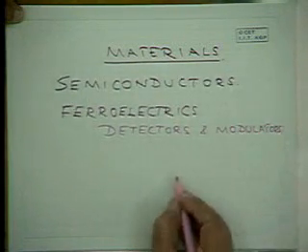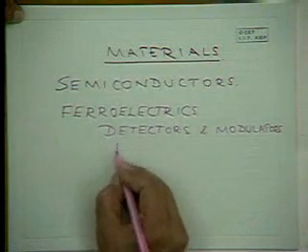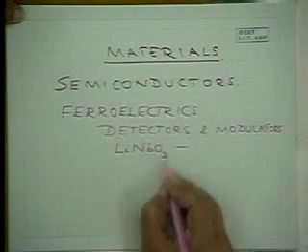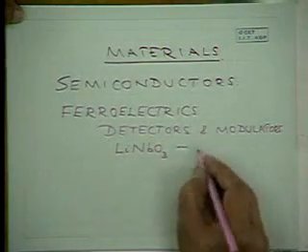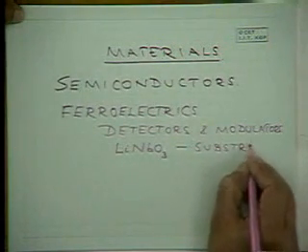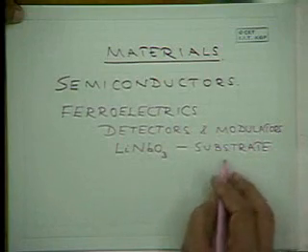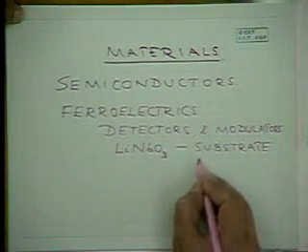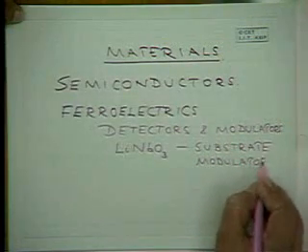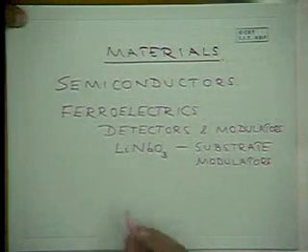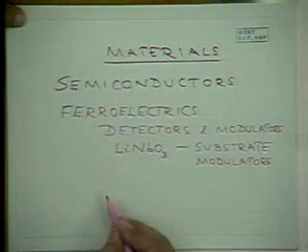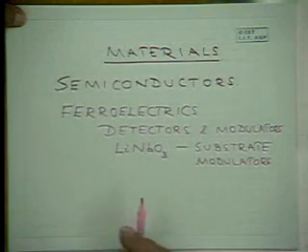To give a few examples, one of the most important ferroelectrics is lithium niobate, which is used as a substrate for integrated optics. It's also very popular for very fast modulators. So lithium niobate is one of the most important ferroelectric materials, which is transparent, birefringent, and has very low loss.